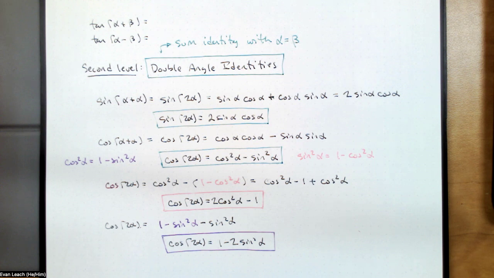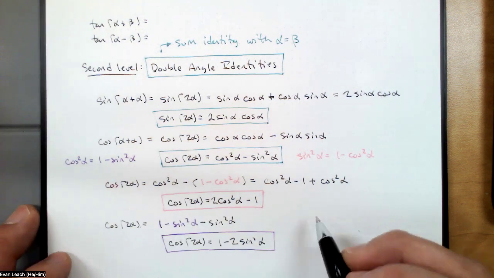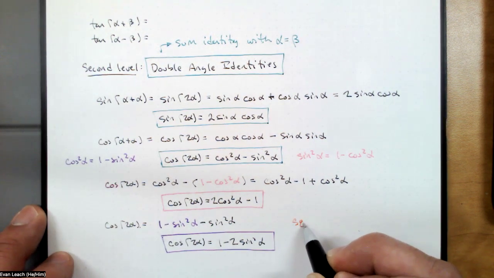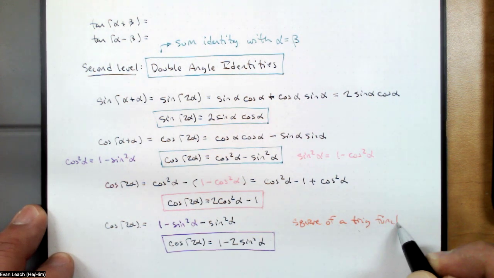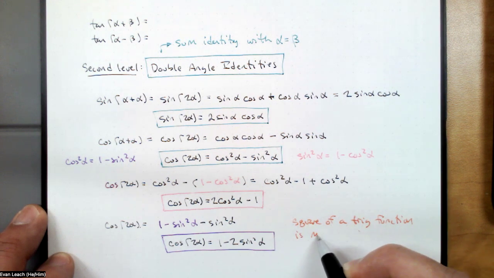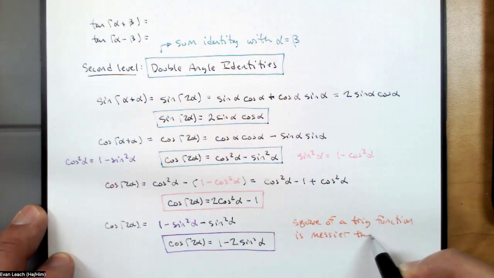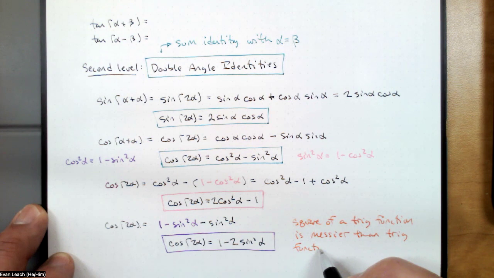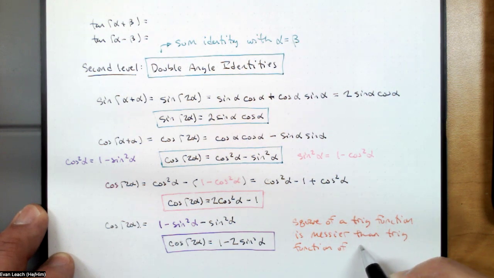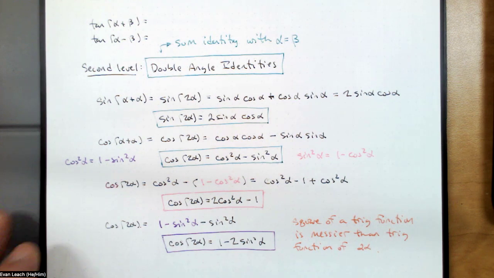Cosine squared is decidedly inconvenient, but cosine of 2 alpha is super convenient. It's messy to have the square of a trig function.